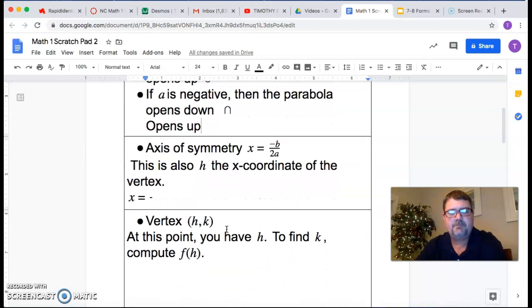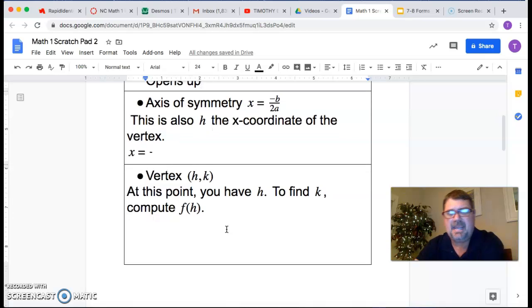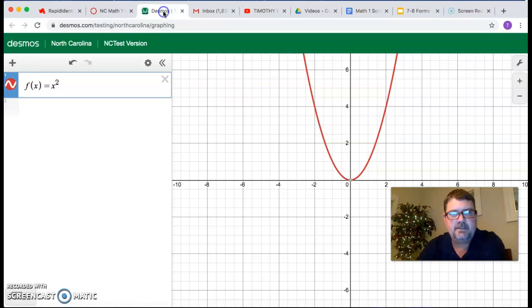Now we get down here and start talking about the axis of symmetry. I've put one in Desmos so we can discuss this for a second. Here's a quadratic function, the parent function, the simplest one of all. Your axis of symmetry is a vertical line. In this case, it's the y-axis.